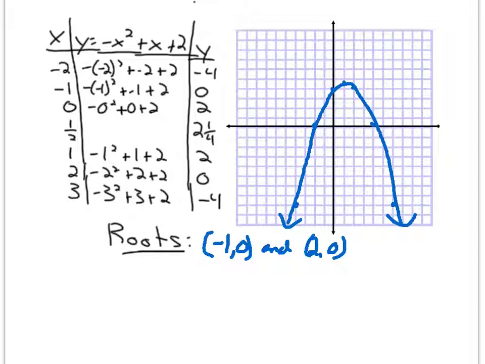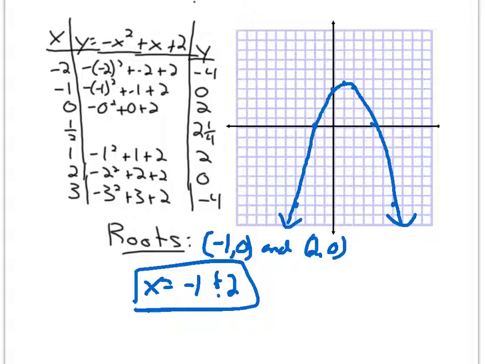So I'm going to write my solutions as x equals negative 1 and 2, because that's where my graph crosses the x-axis. So basically if I plug in negative 1 and 2 to my original equation, those should work to solve for it. And again, that's one method for solving quadratics, by graphing and telling where the roots or the x-intercepts are.